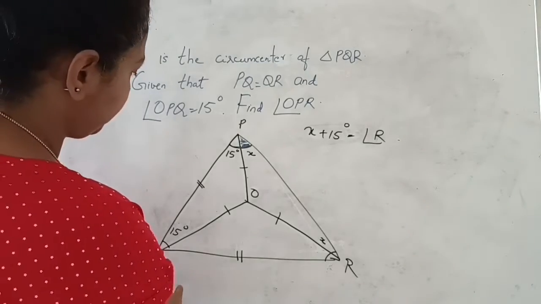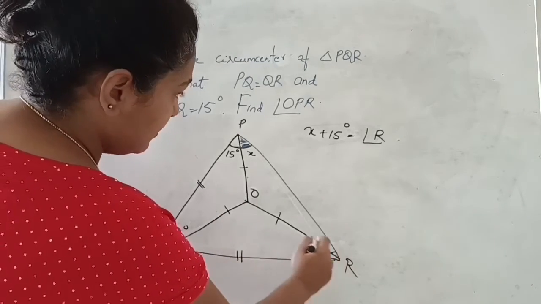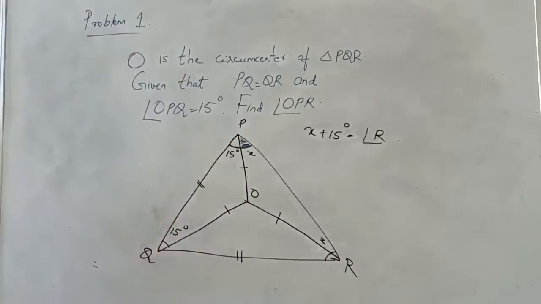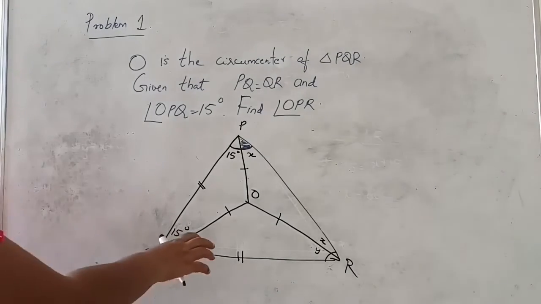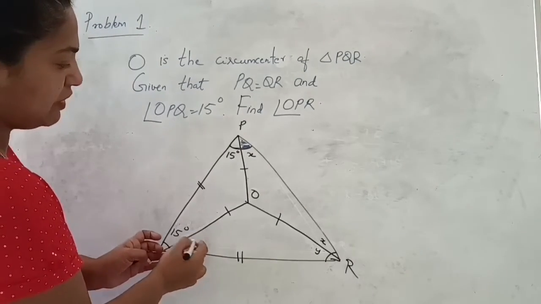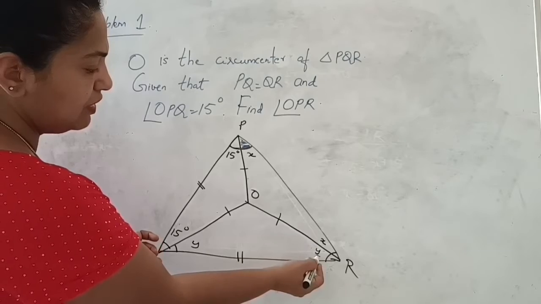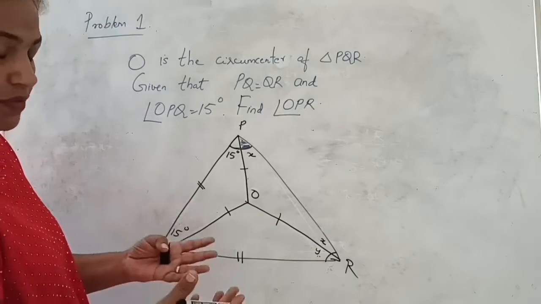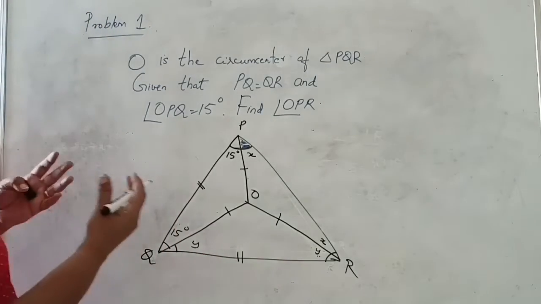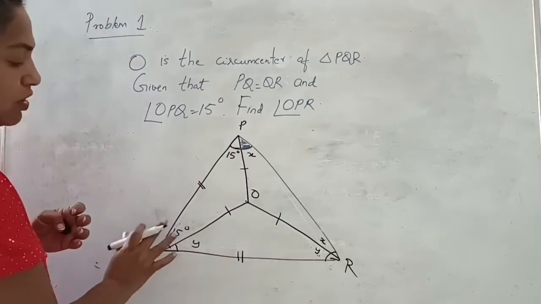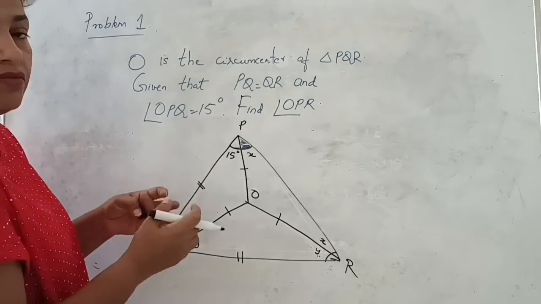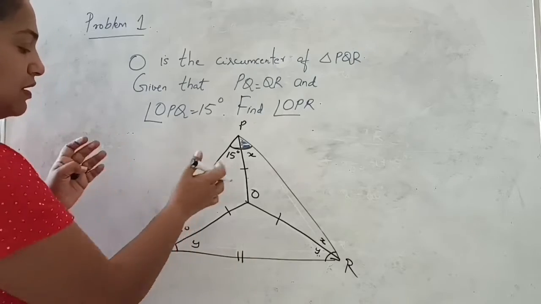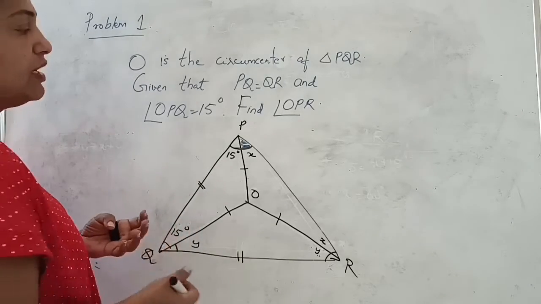And if this angle is y, the other base angle is also y. So I have marked all the angles, some in terms of variables and others with constant values.